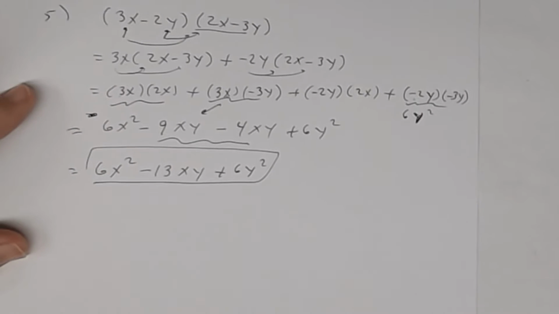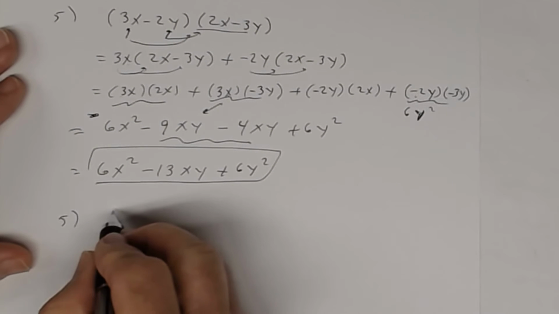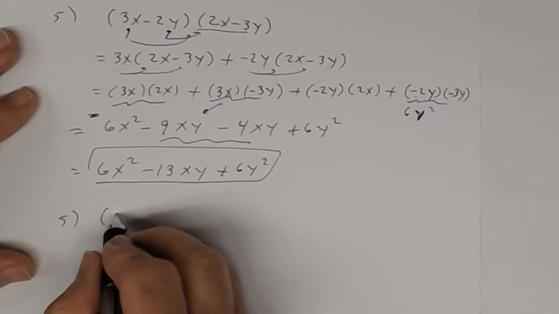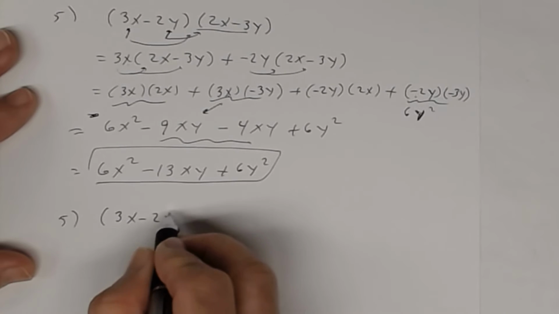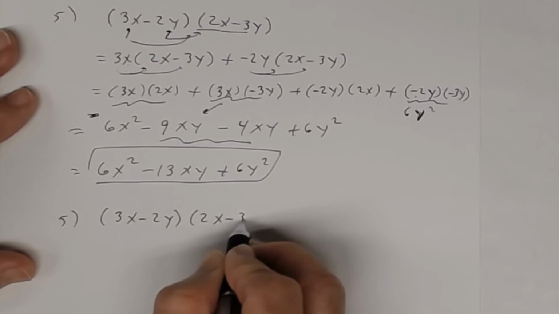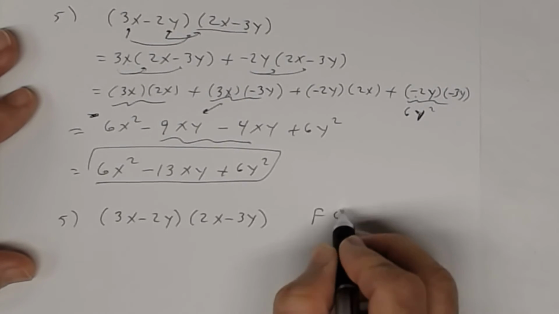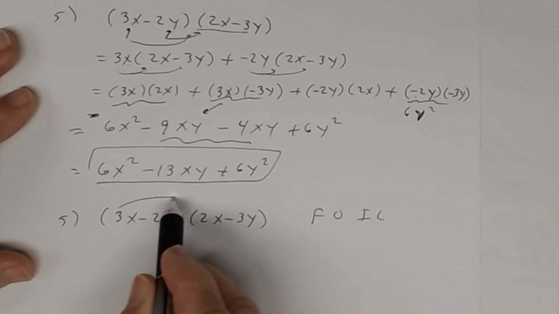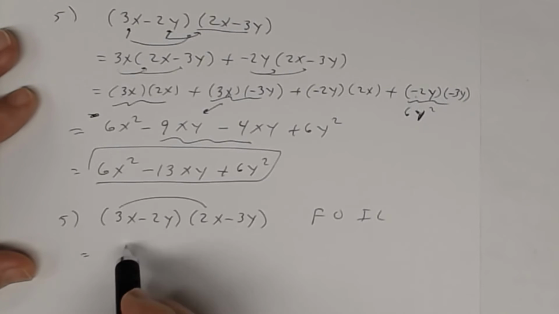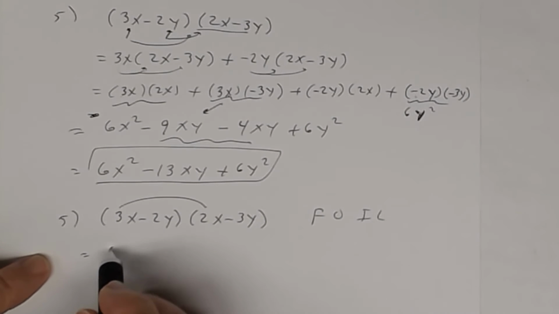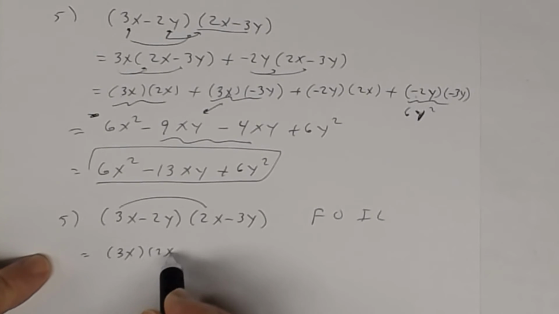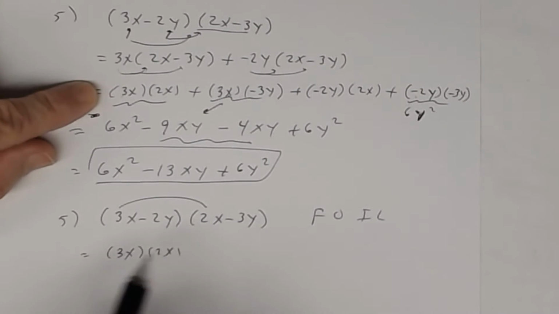All right, now if you had used the distributive property, if you had used FOIL, this is what you get. So you're saying 3x times 2x, so the first term of each binomial, which is this one right here, right?